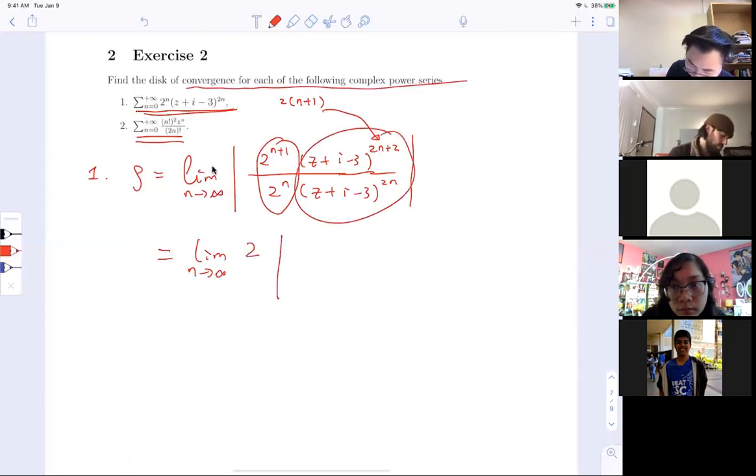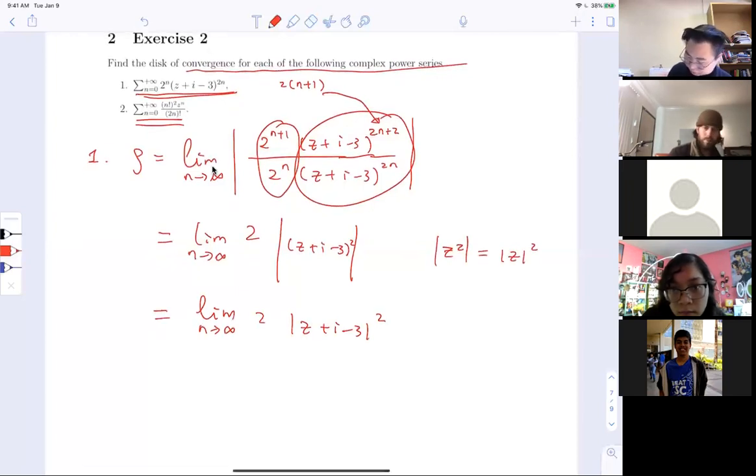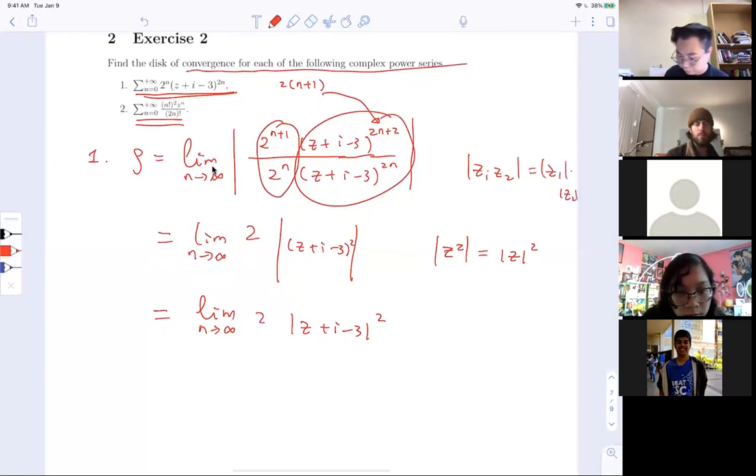This one gives us z plus i minus 3 squared. And this is 2 times z plus i minus 3. By the way, this equals this, there's no difference. And also z1 z2 equals z1 z2. I think so.